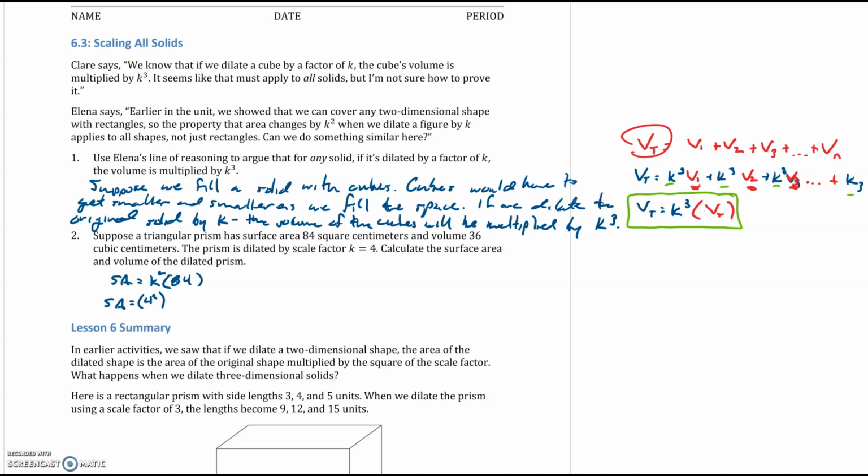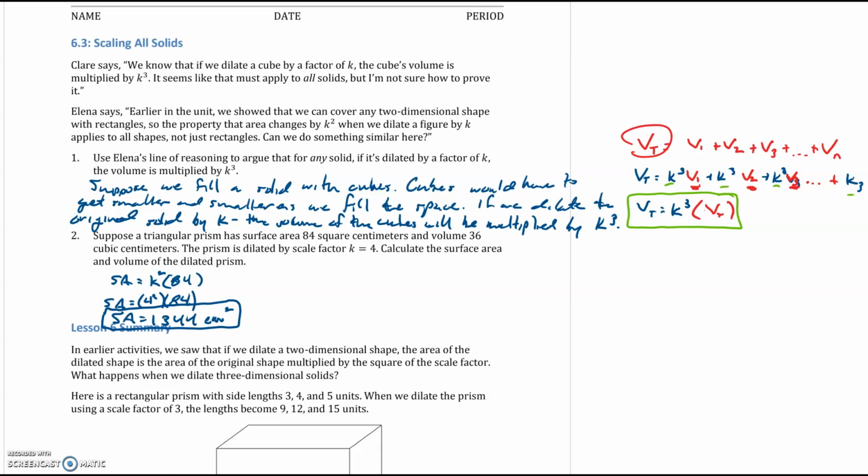So I'm going to take 4 squared and multiply it by 84 to get my new surface area. 4 squared times 84 gives me 1,344 square centimeters. So there is my surface area.